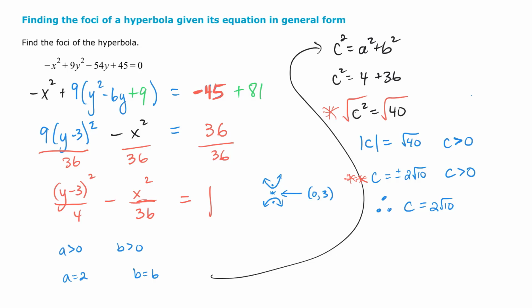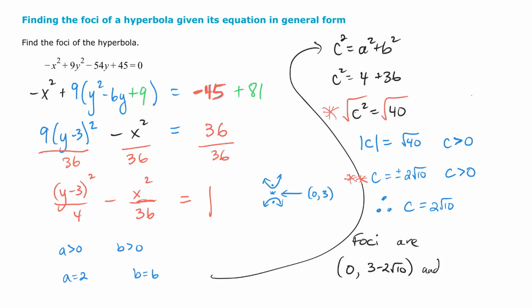All right, we need to find the foci. Well, let's see. It's got to be in the up or down direction. So one of the focus points is (0, 3 minus 2 root 10).